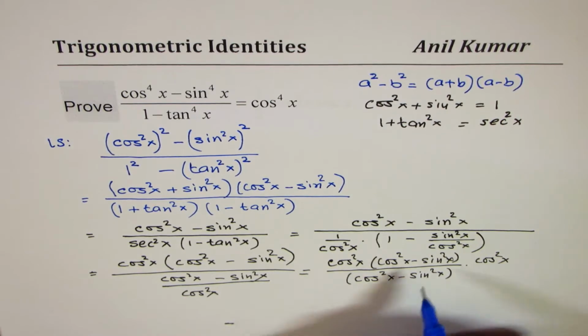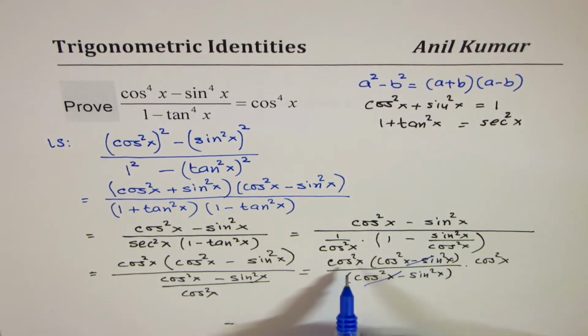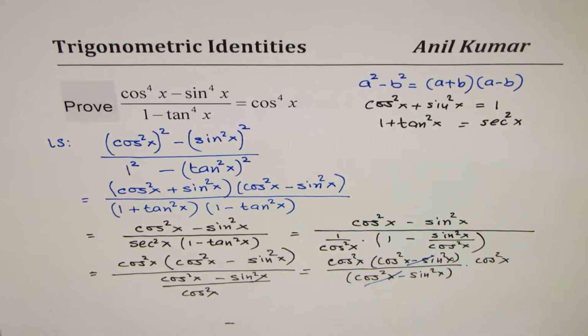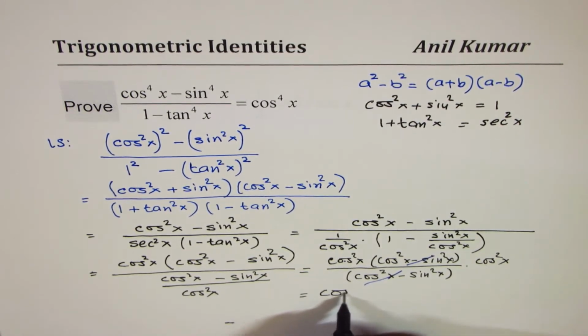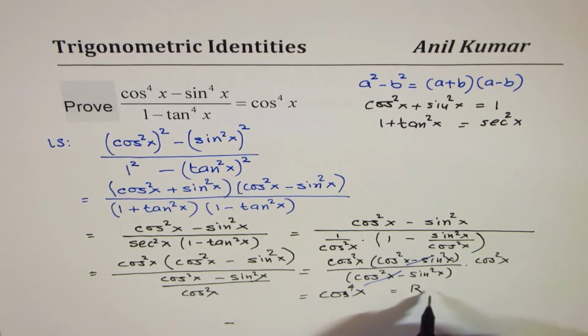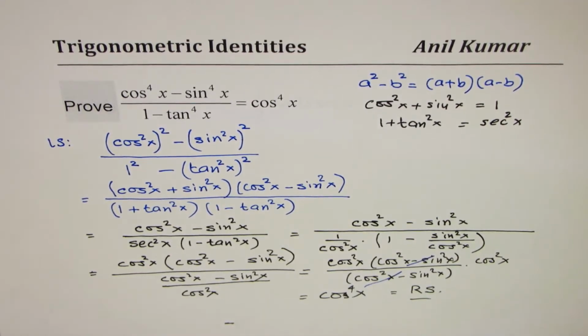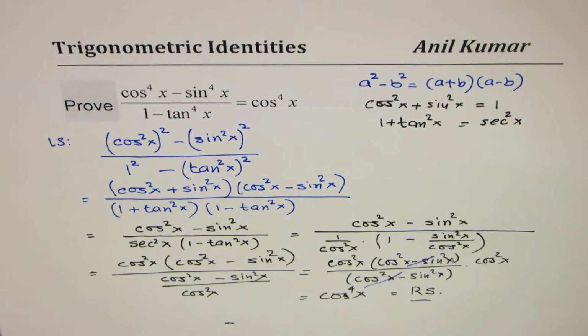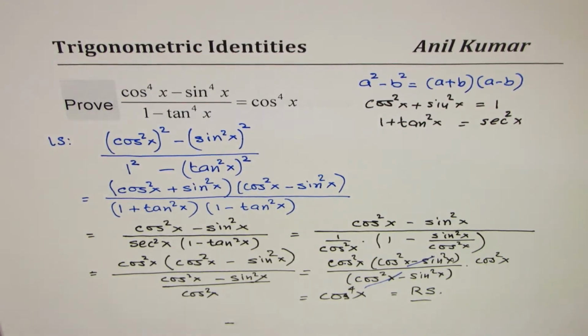Now clearly you can see it cancels out and you are left with cos square x times cos square x, which is cos to the power of 4x, correct? Which is the right side. So that is how you can prove it. So I hope the proof is absolutely clear.